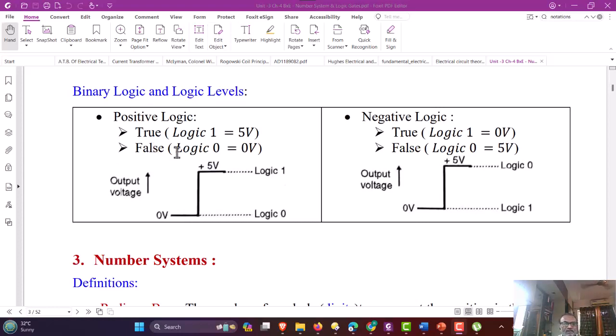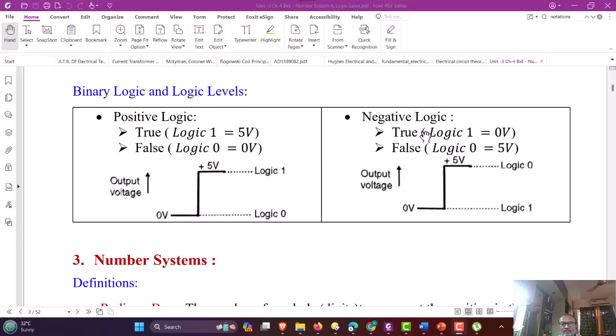In positive logic system, there are two symbols, logic 0 and logic 1. Logic 1 corresponds to true, that is in electrical circuit represented by 5 volt, and logic 0 corresponds to false, and that is represented in actual electrical circuit by 0 volt.